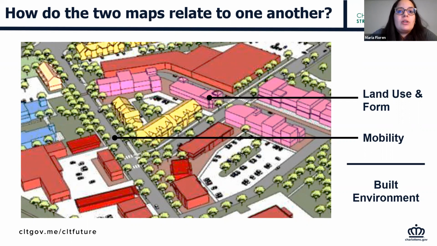The Charlotte Future 2040 policy map will inform the type of development that's appropriate to occur in specific geographies throughout the community. And again, it'll inform the types of land uses and building form that's appropriate. And the Charlotte streets map will define the future cross section for arterial streets, including the future curb line location and streetscape requirements.